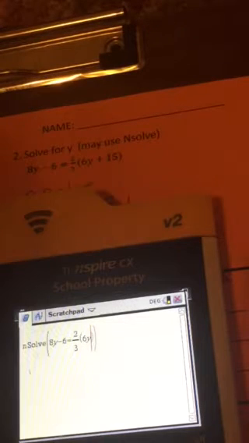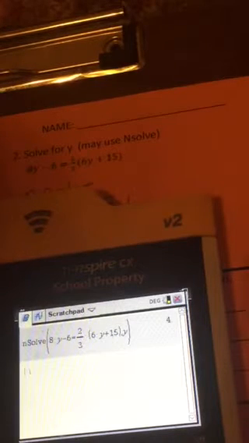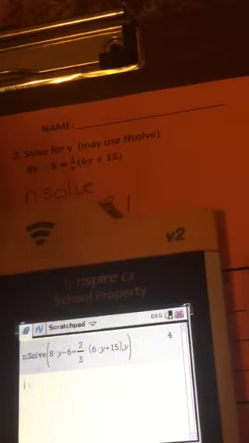So 6y plus 15, and then I'm going to go ahead and close it. And now comes the most important part. Comma y. Enter. We got 4. And that's what we got in class. So y is equal to 4. Nice. All right, next one.